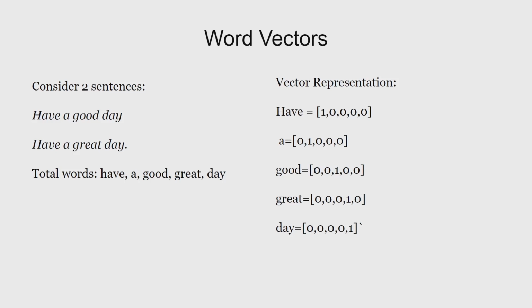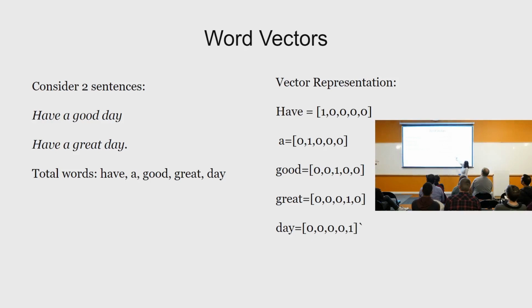In this case, there are two sentences: have a good day, have a great day. The total vocabulary is 5 words: have, a, good, great, and day. In this vector, have takes the first position, a takes the second position, good takes the third position, and so on.